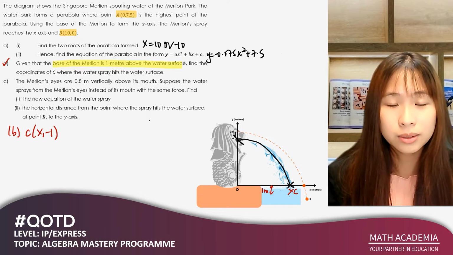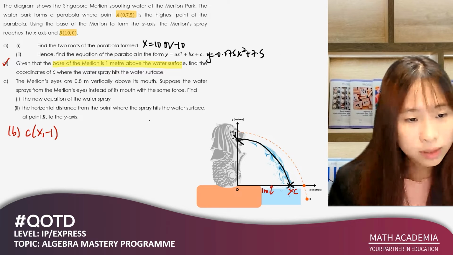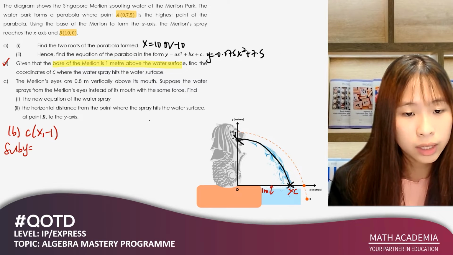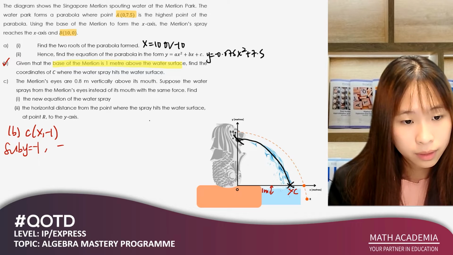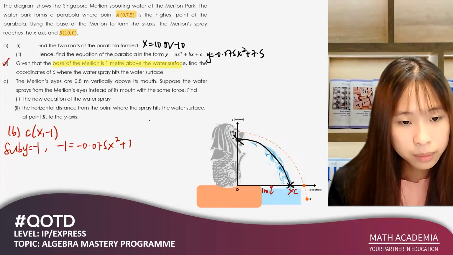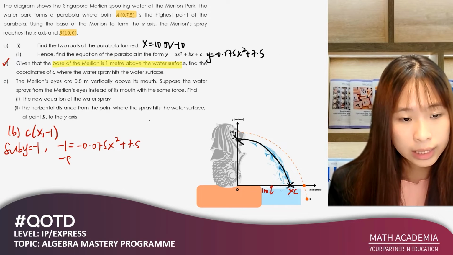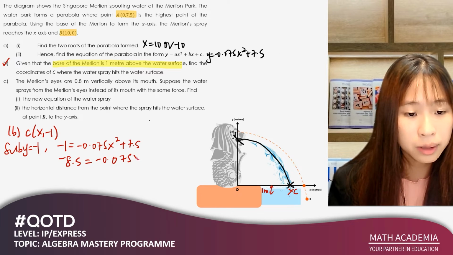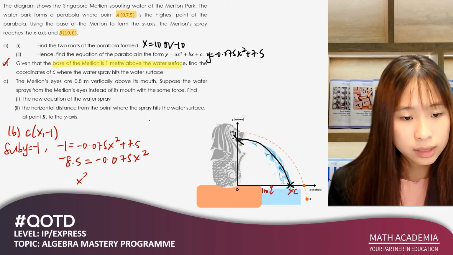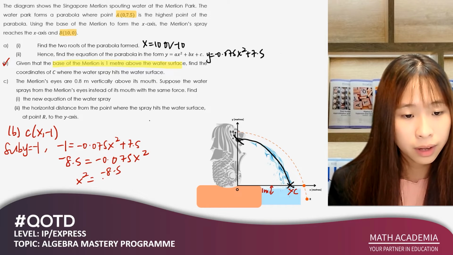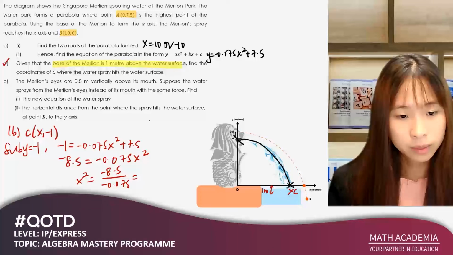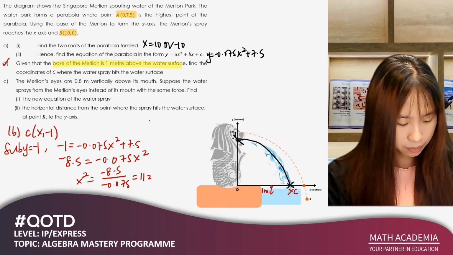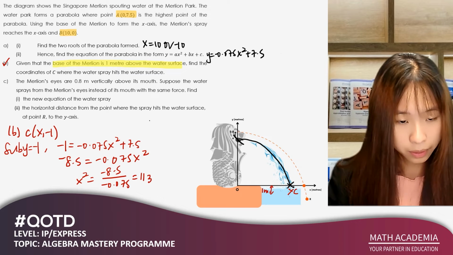In order to find the x coordinate of C, I just need to sub y equals negative 1 into the equation. Bringing the 7.5 over, I get negative 8.5 equals negative 0.075x squared. So x squared is negative 8.5 divided by negative 0.075, and I will get 113.33.